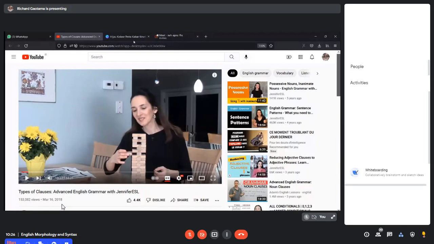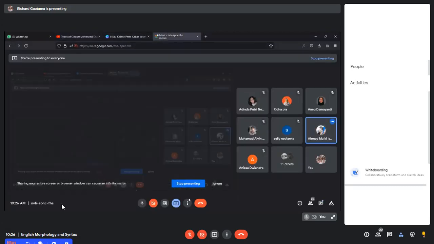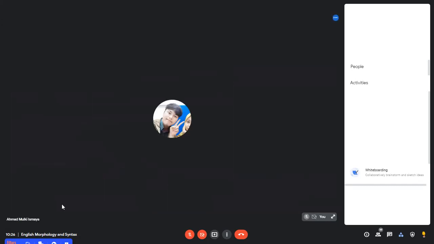Yes, share the tab instead of the window. It's different. Not the entire screen. Tab. Select tab and then select the YouTube link. And then yeah, it will be hearable.